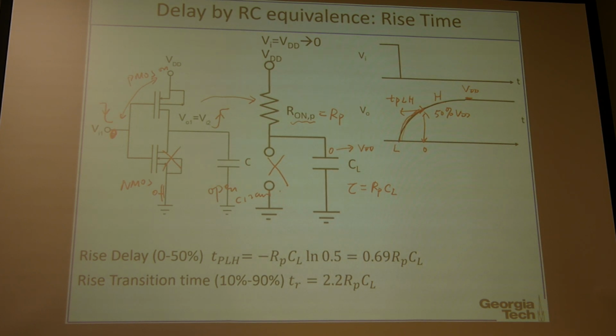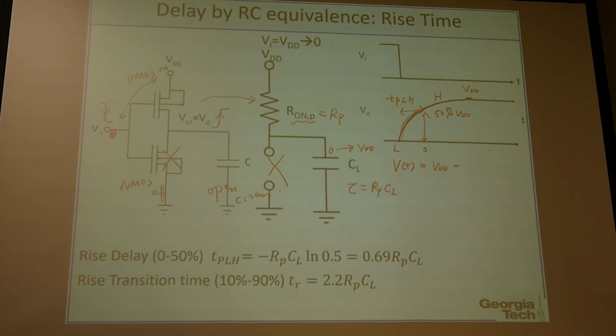So for the first order RC circuit, I believe you have done this in your 2040. So the solution for the output voltage, let's say for the first order RC circuit, the voltage as a function of time will be, as time goes to infinity, your final solution will be VDD.